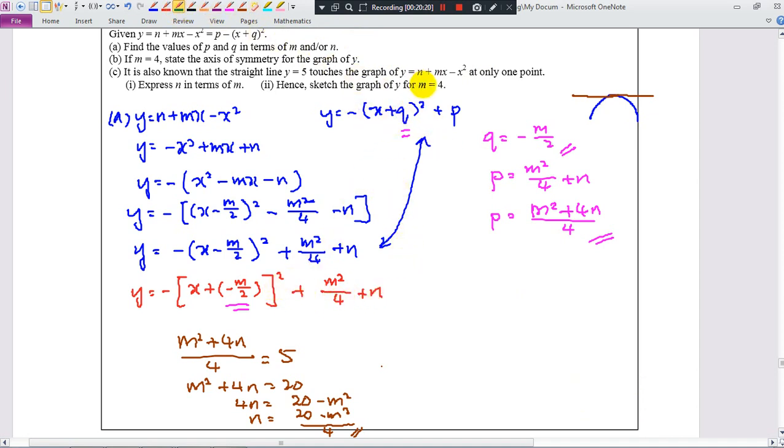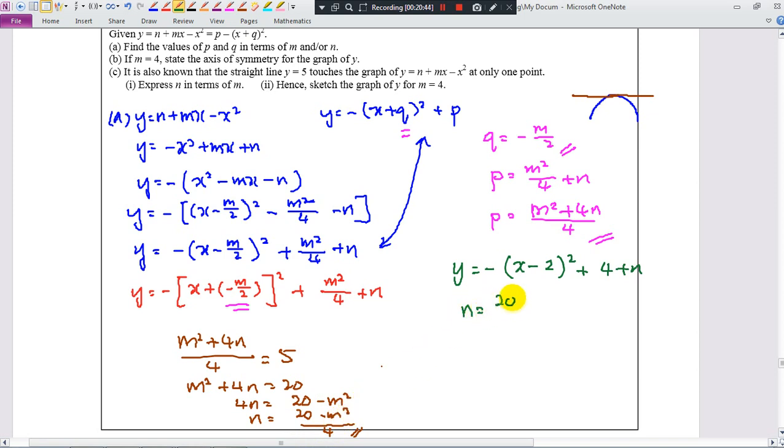So now we know m is equal to 4, right? So we plug in 4 here, plug in 4 here. So this one which we got just now is x minus 2 squared. So this is 4 plus n, right? Okay, and I know that n is equal to this, so I calculate the value of n first.